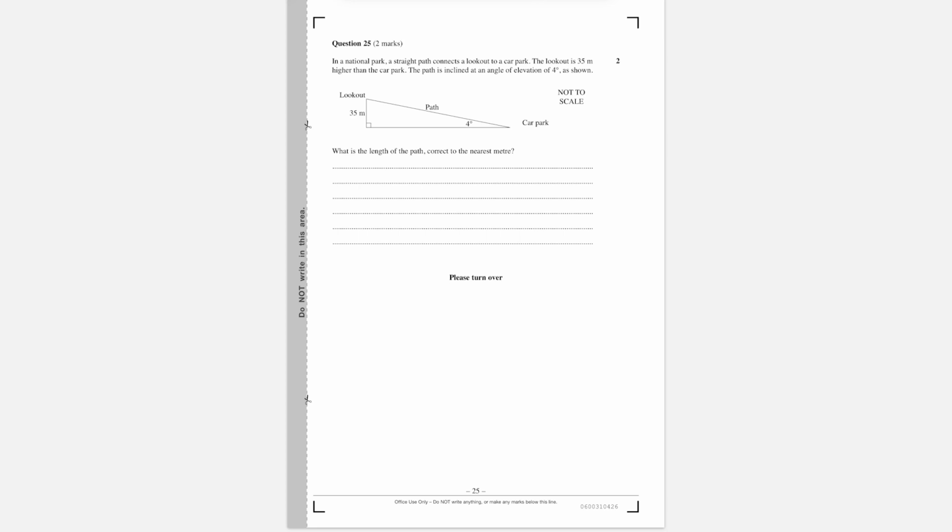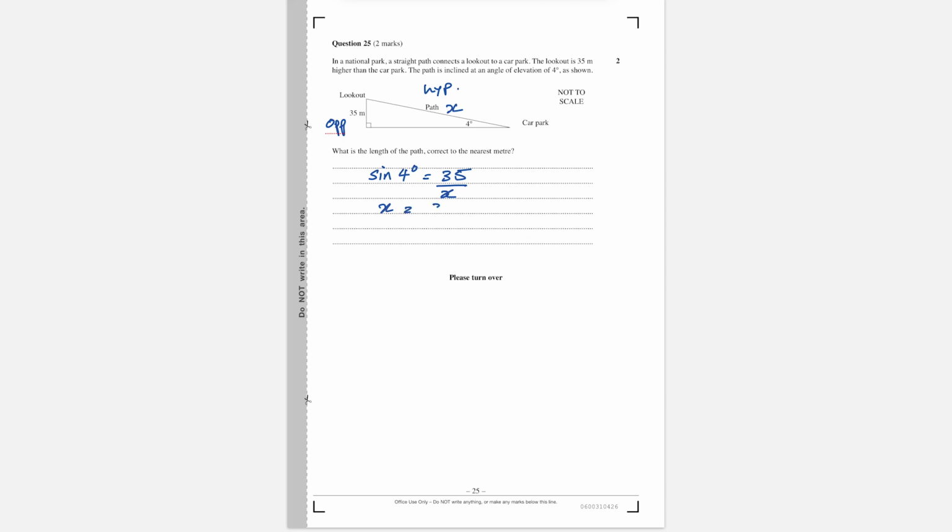All right. So if we call the path x, then we simply say, well, this one is the opposite side and this one is the hypotenuse. So we're looking for sine. Sine 4 degrees is equal to 35 over x. So we rearrange this to make x the subject.